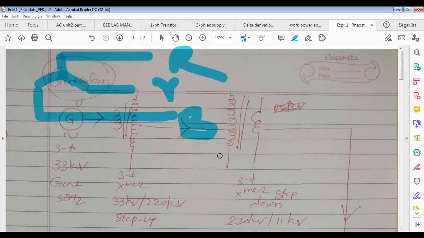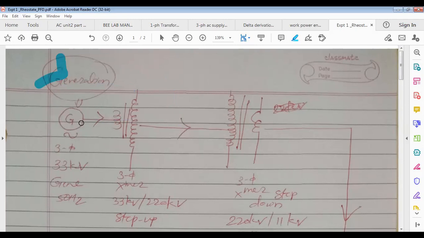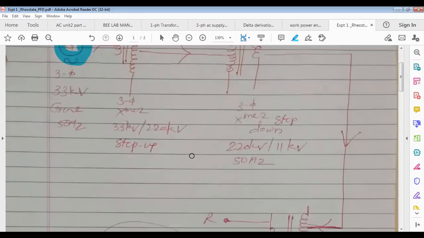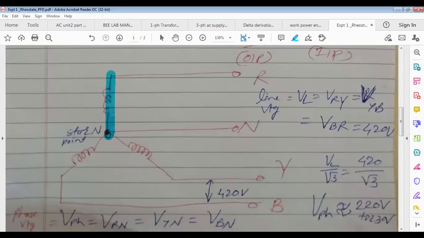So you may have heard that this is the 3-phase AC supply RYB. This is nothing but what is done. Whatever the stator on the generator, 3 windings are there. They are connected in star like this. See, star connection like this. R phase winding of generator, Y phase winding of generator, and B phase winding of generator. And then EMF is induced in it.